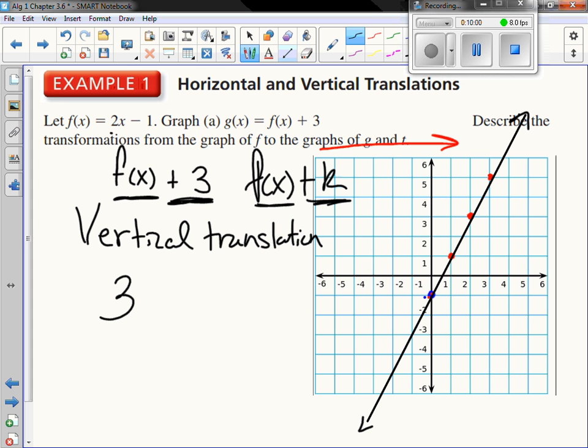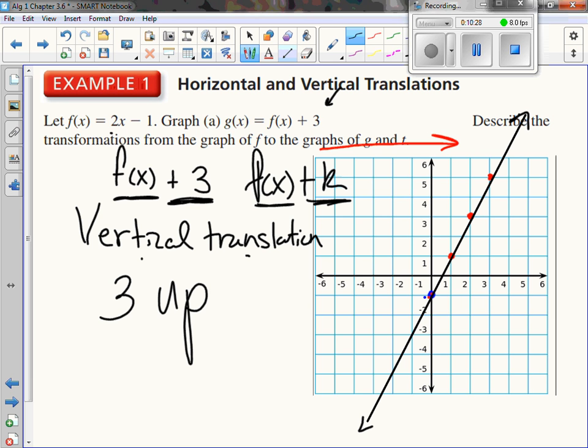Now, is this value positive or negative? Positive. So if it's positive, is it moving up or down? Up. So our transformation from our original graph would be a vertical translation because we're adding 3 to the outside, and it's moving 3 units up.